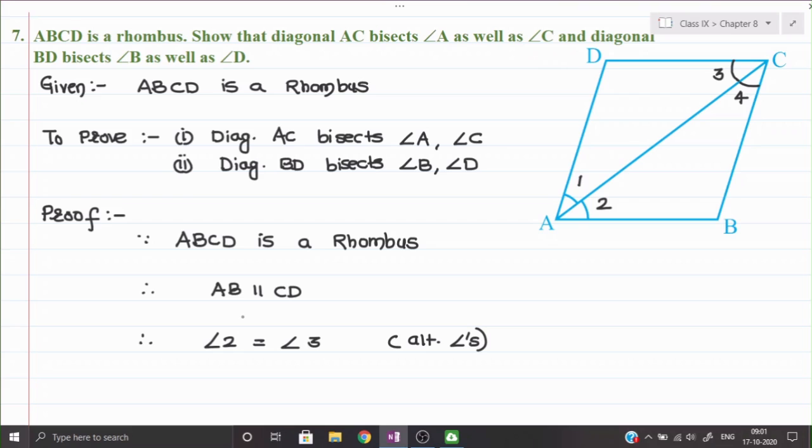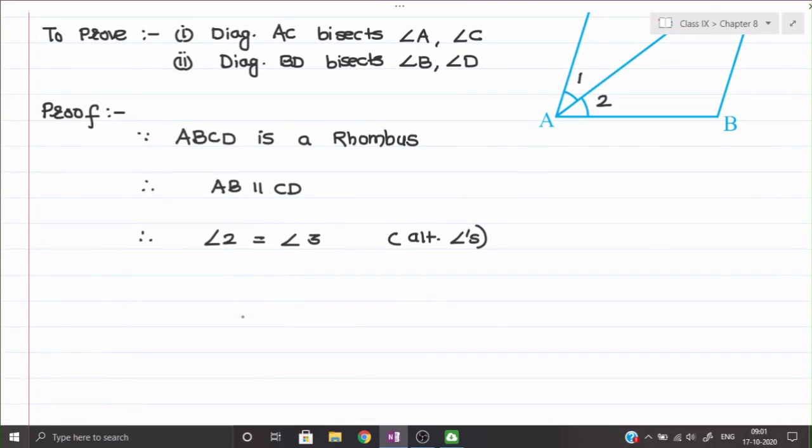Now we shall take triangle ADC. In triangle ADC, AD is equal to CD. How can we say that? Since ABCD is a rhombus, all sides are equal.